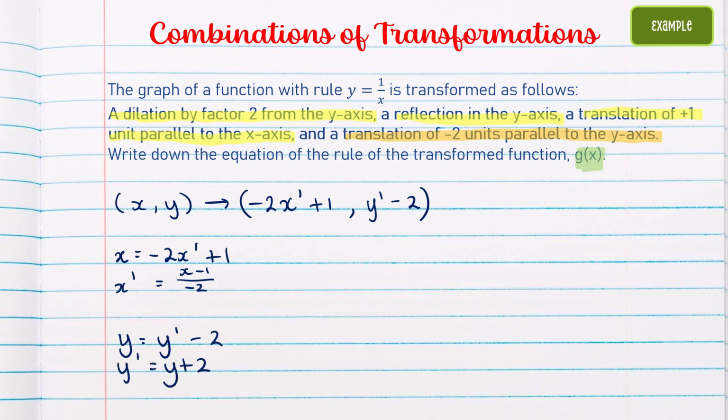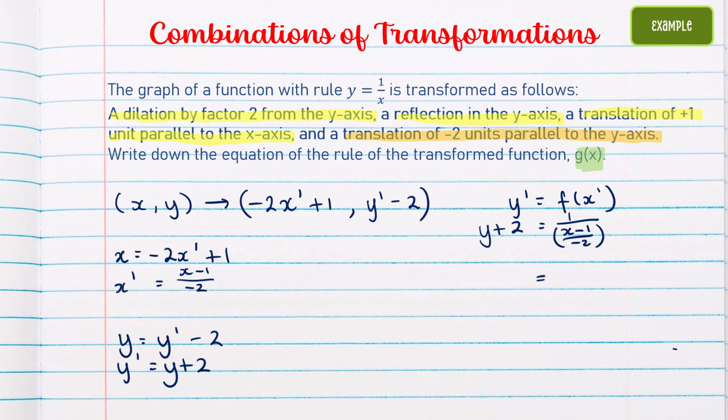Okay, now we're going to sub this in. We know that our y prime is equal to f of x prime. And so now I've got y plus 2 is equal to 1 over, and then we've got that whole x minus 1 over negative 2.